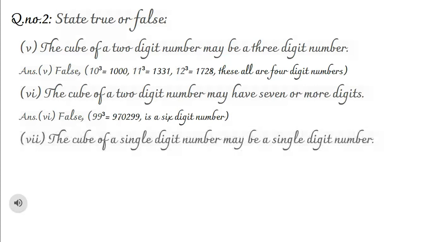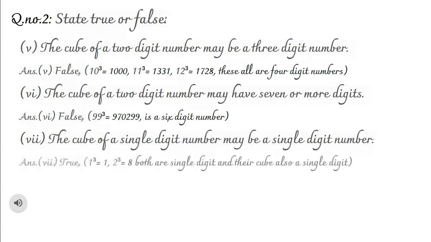Because 1 cube is equal to 1, and 2 cube is equal to 8. 3 cube, we know, is 27, which has double digits. But 1 and 2 are single digit numbers and their cubes are also single digit, isn't it? That is why it is true. Clear? Okay.